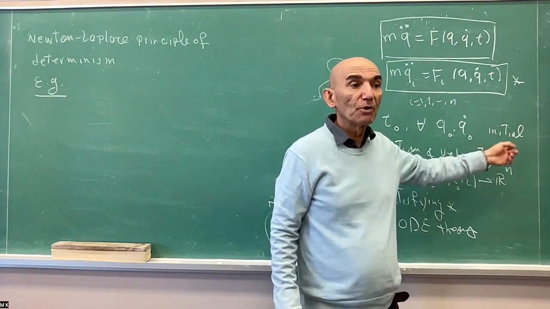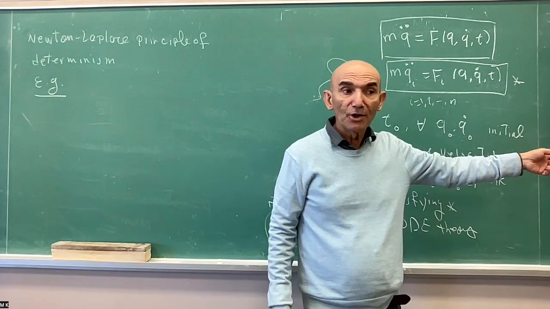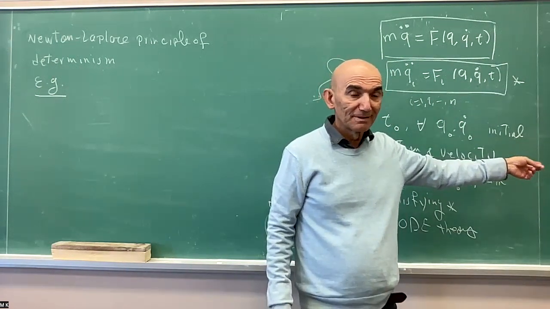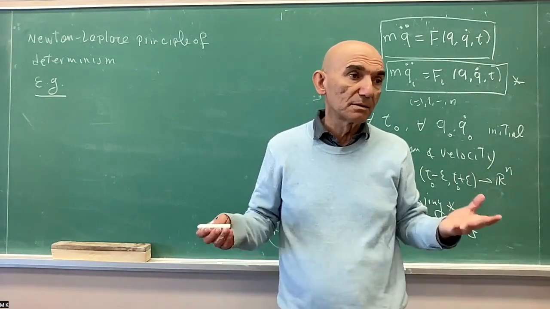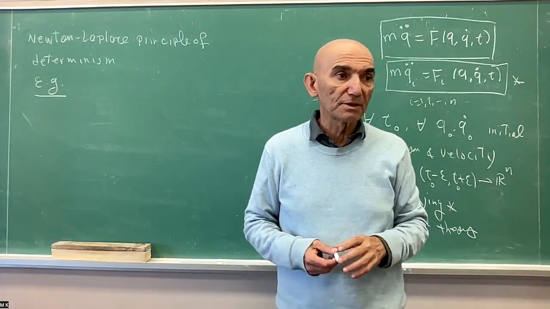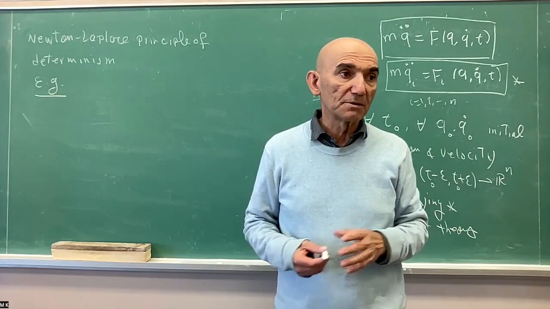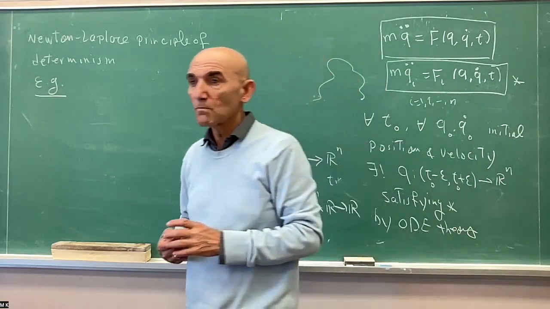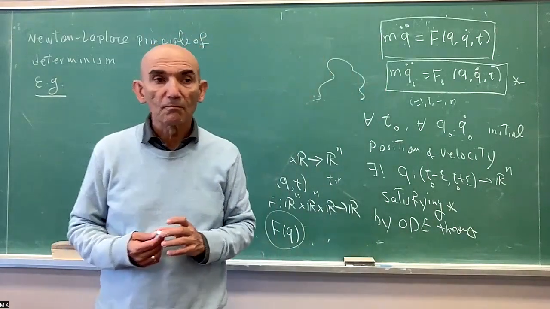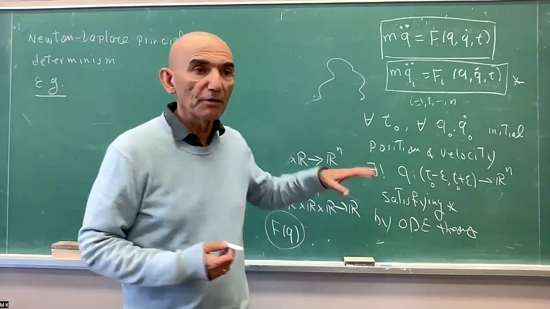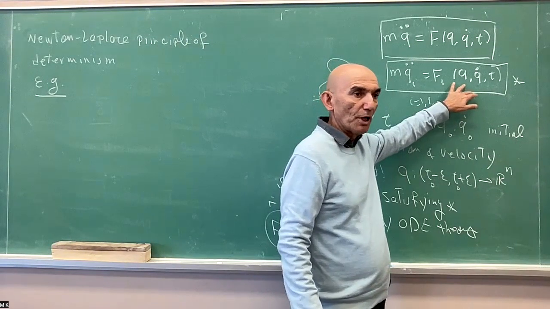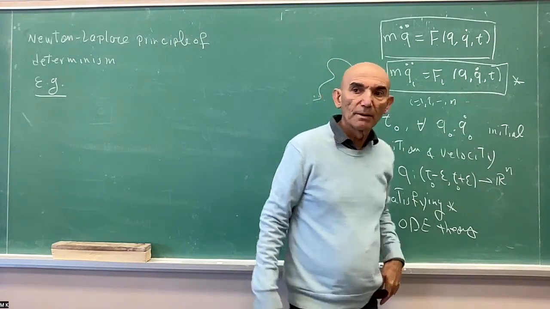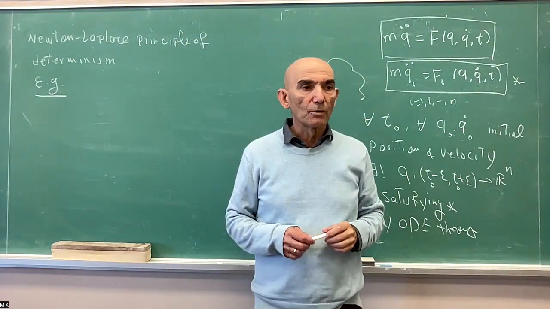You must specify more, but that's not observed in nature. What is observed is that with initial position and initial velocity, everything is determined. And this is ingrained in or verified by Newton's equations as well.